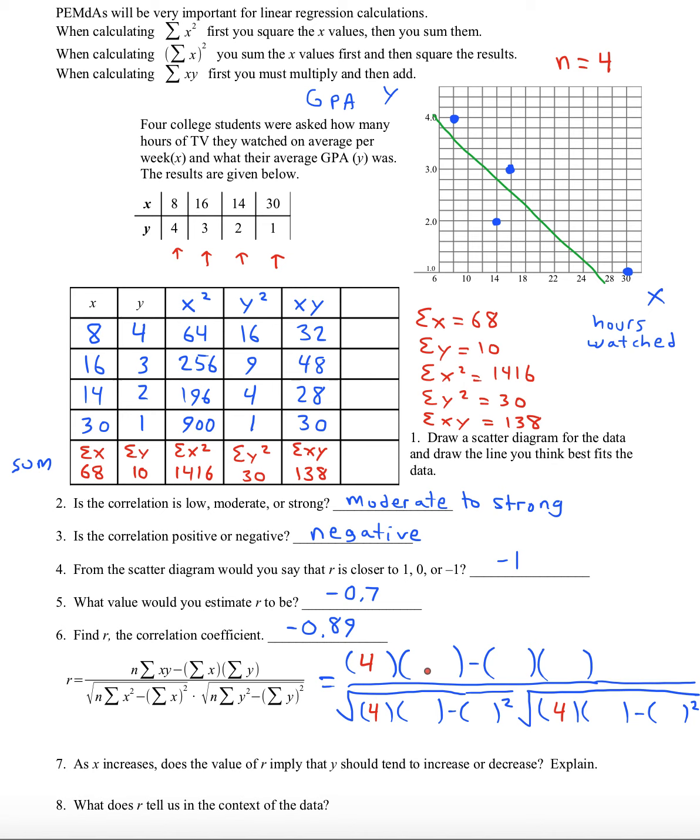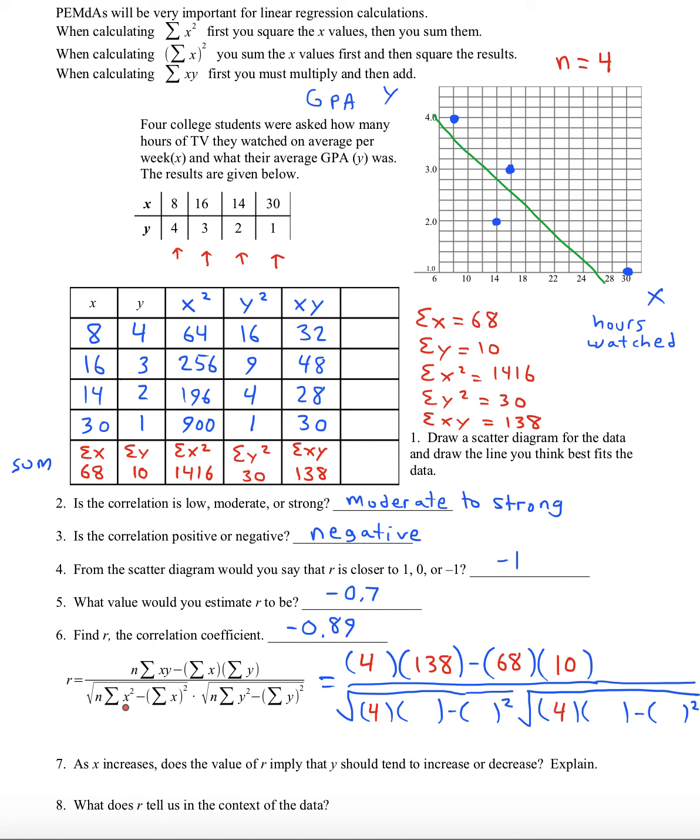Here we need the sum of x times y. That's 138. Over here we need the sum of x, which is 68, and the sum of y is 10. The trickiest part is the denominators. There's a difference between the sum of x squared and the sum of x, squared.